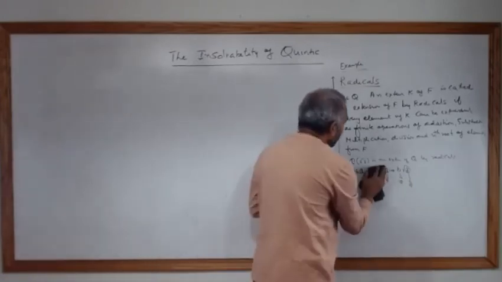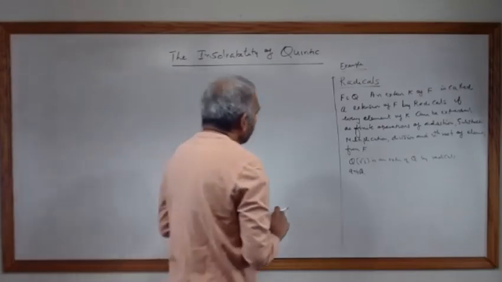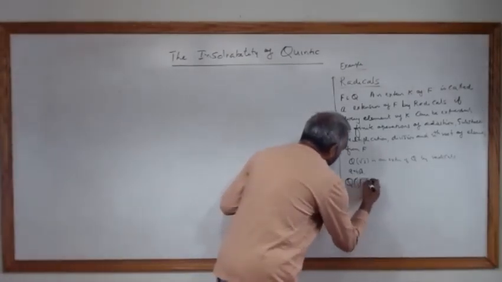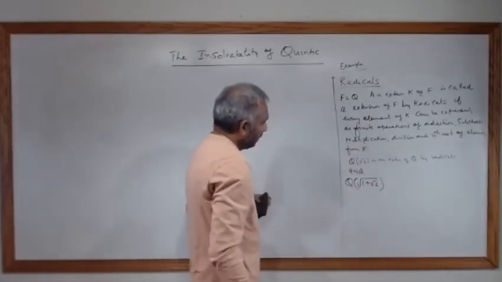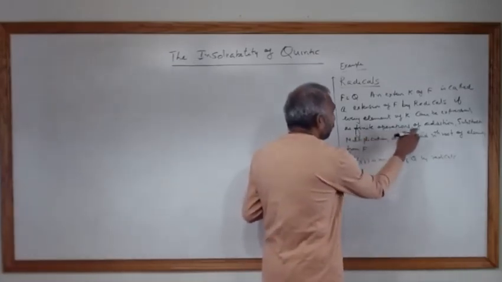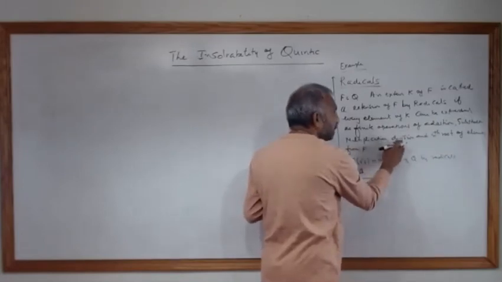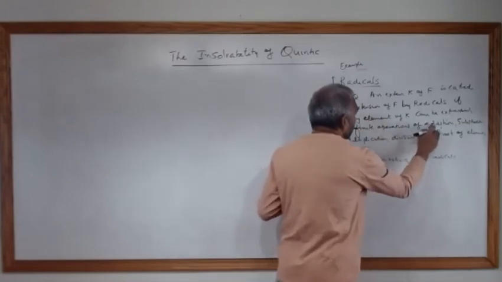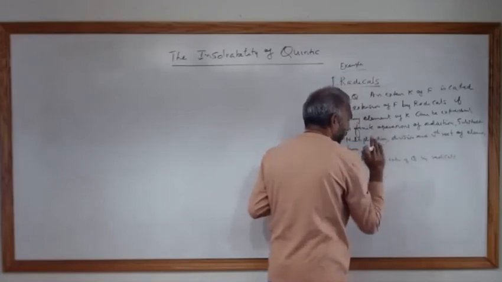We'll take another example here. Q of root of (1 plus root 2). This is also finite operations of addition, subtraction, multiplication, division, and the nth root. So how many operations are there? These operations should come only a finite number of times.